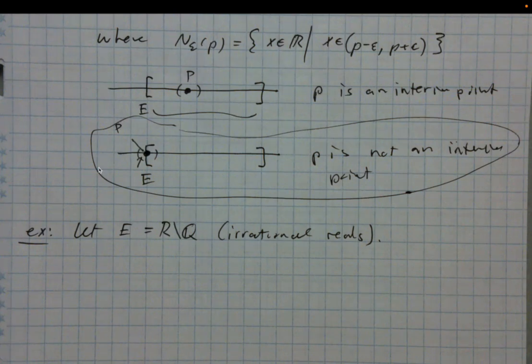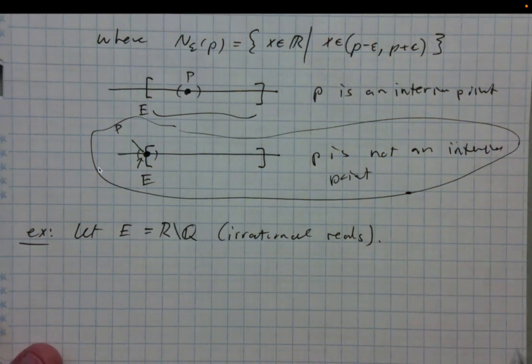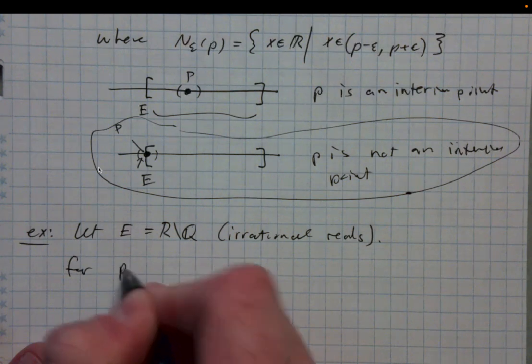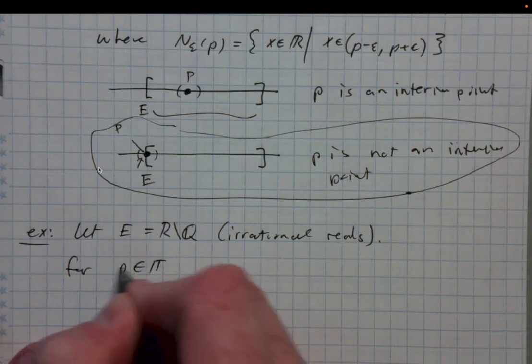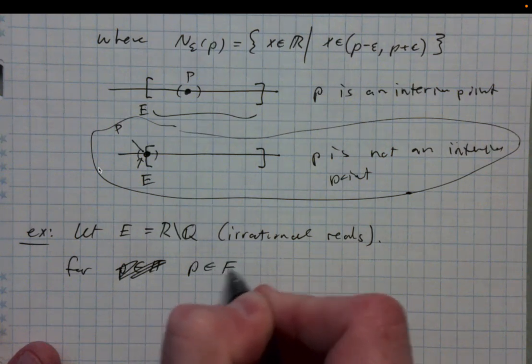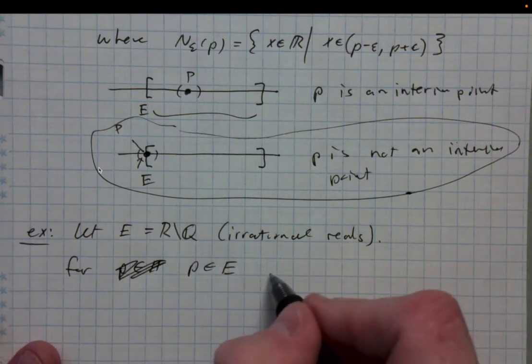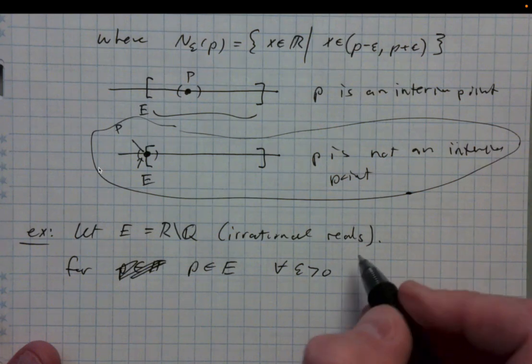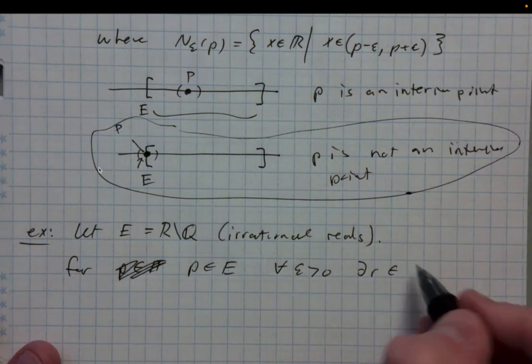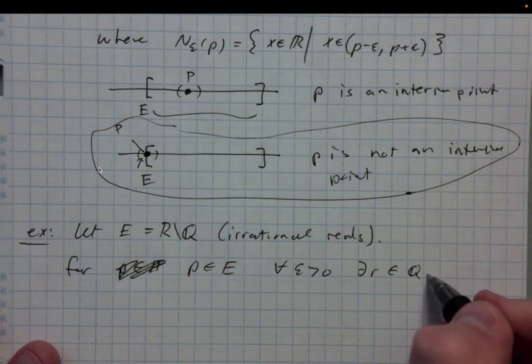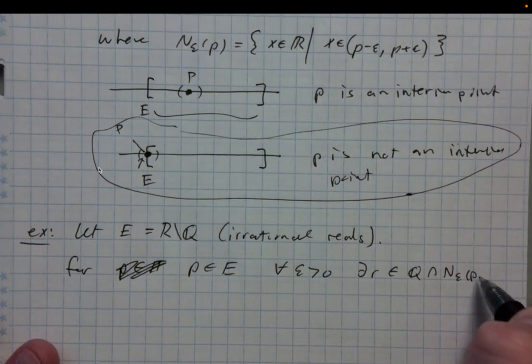By a theorem from a couple of lectures back, maybe 5 or 6 lectures, for p in this set E, for all epsilon greater than 0, there exists some number r that's inside of Q and the epsilon neighborhood of p.